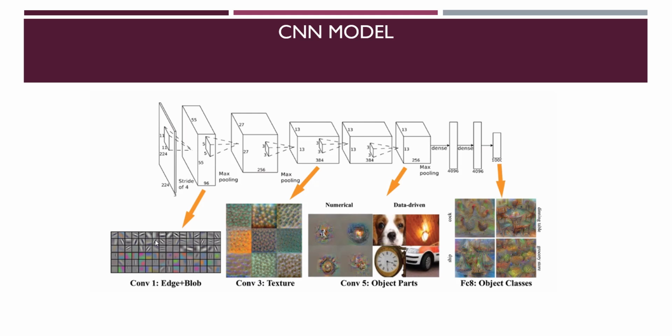In the next layer there's a texture that is being identified. Then in the next layer, these textures are combined together to view object parts, and finally the last layer will be able to identify the object as a whole.